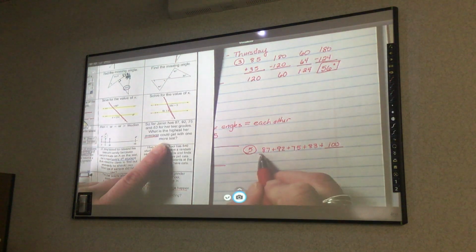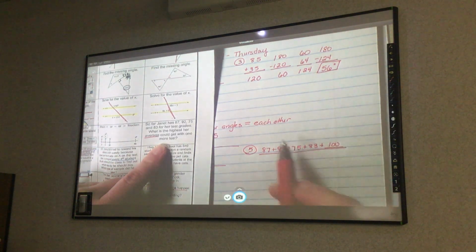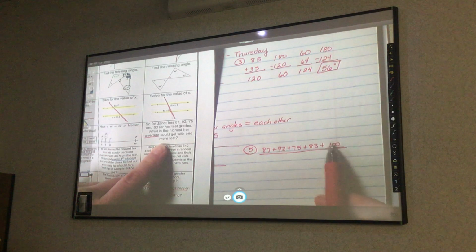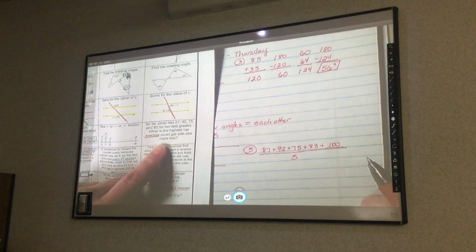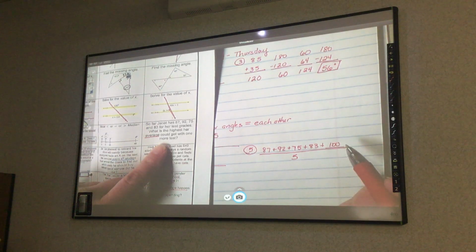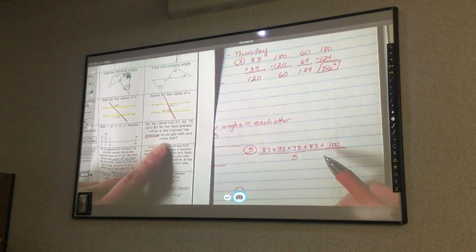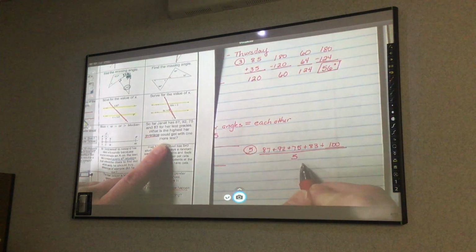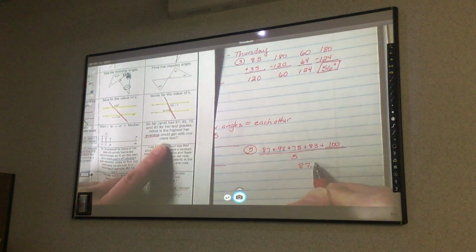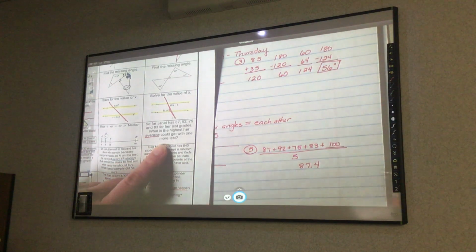And then to get the average, we divide it then by now how many test scores? 1, 2, 3, 4, 5. You guys understand why I put 100 in there? And then I'm dividing it by how many tests she's now taken. And that average is 87.4. How many of you got this one right? Great. Nice.